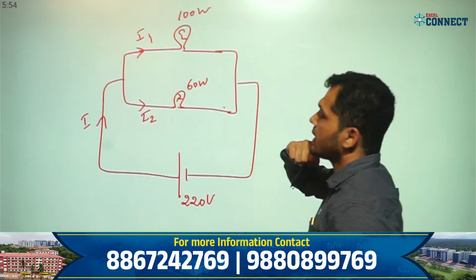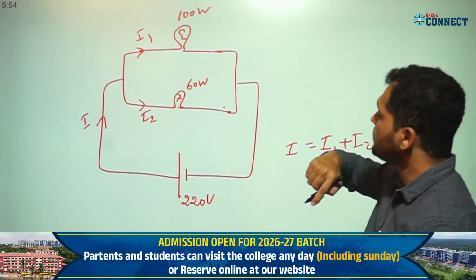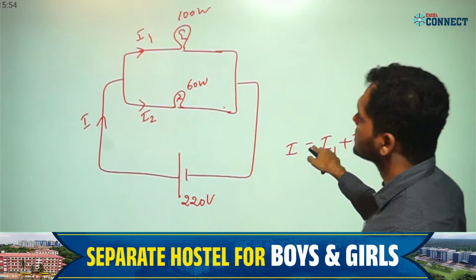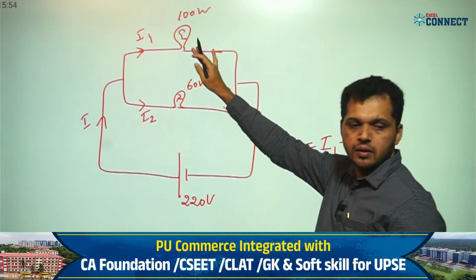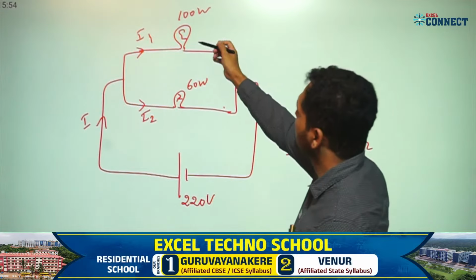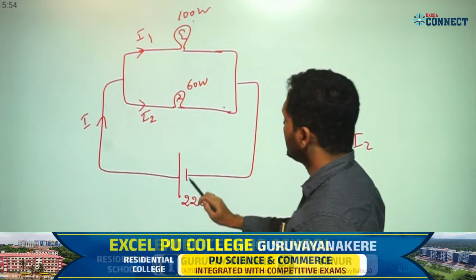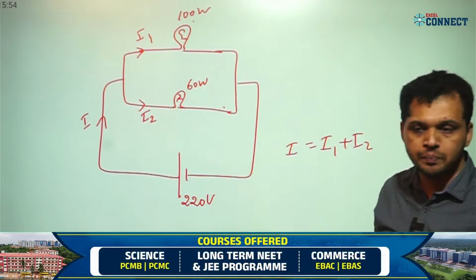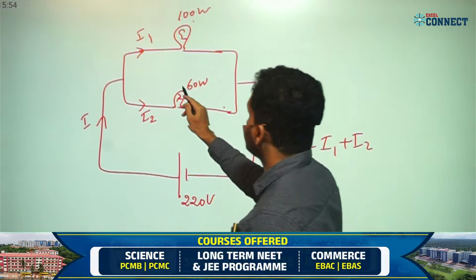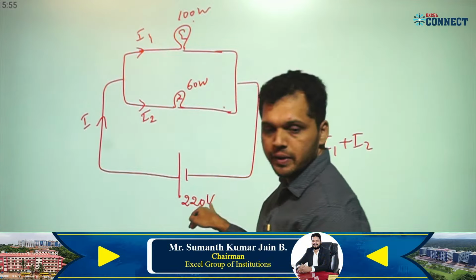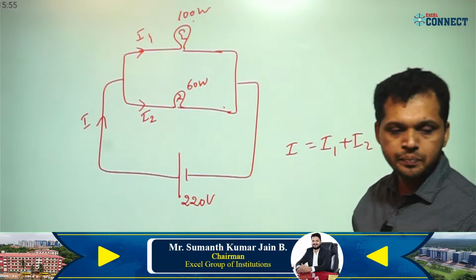Without resistance calculation also we can calculate. I prefer the shortest, easiest method here. Power rating is given. What is the voltage across these two bulbs? In a parallel combination, the voltage across each bulb is 220 volt only, right?